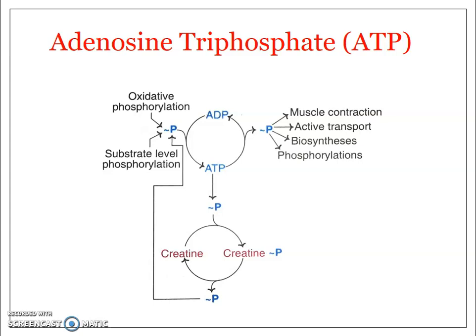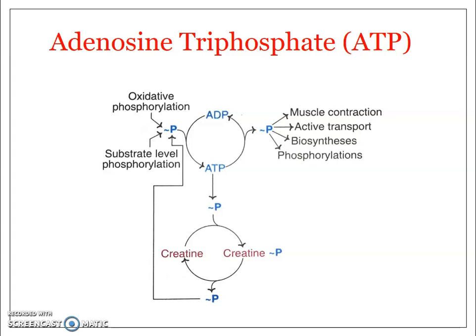Then ATP also plays a very important role in the phosphorylation of various products. It also plays a role in internal heat production, bioluminescence, which is the natural light production, and the production of bioelectricity.